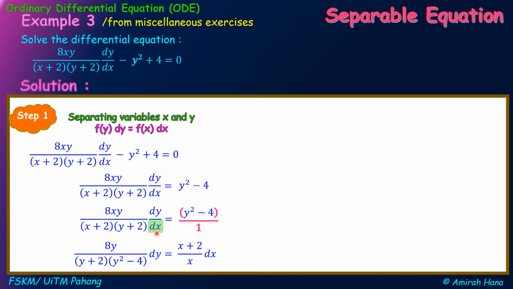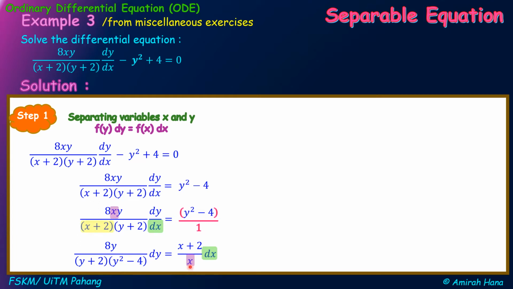dx here is in the denominator, so when we move to the right hand side, it becomes multiplication. And then x here is in the numerator, so when we move to the right hand side, it becomes the denominator, or division.